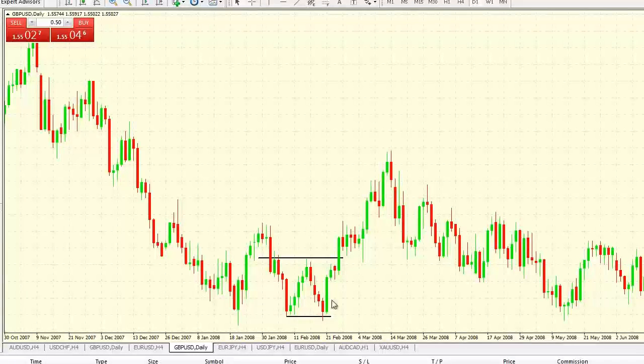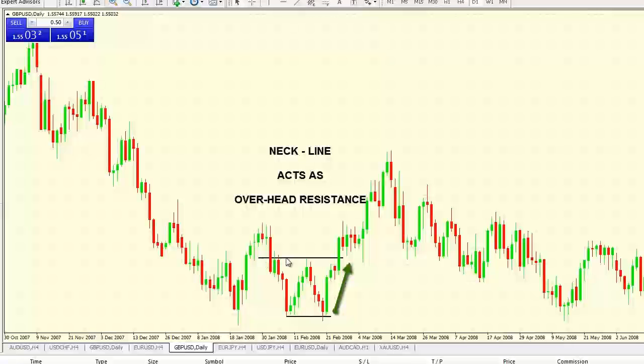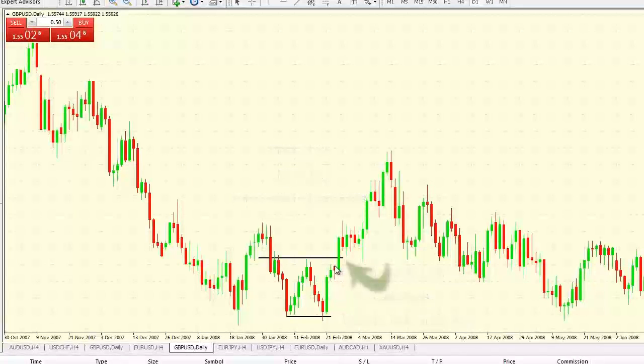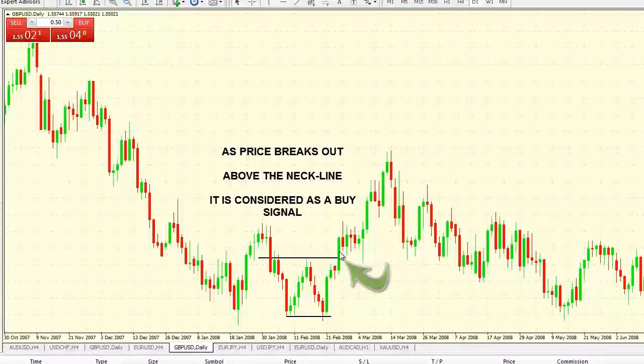The price again trends higher from this bottom close to the previous high. The horizontal line through this high between these two lows forms the neckline. This neckline acts as the overhead resistance, while the bottom line acts as the underlying support. Once the price breaks out above the neckline, the pattern is said to have been triggered, and it is considered a buy signal.